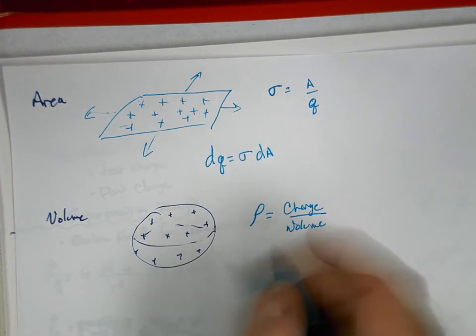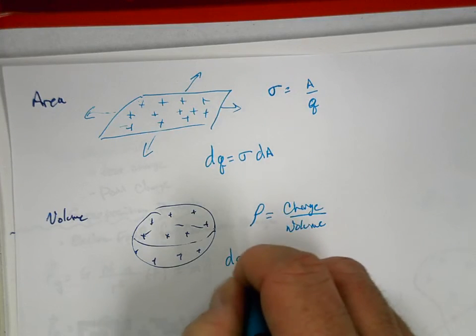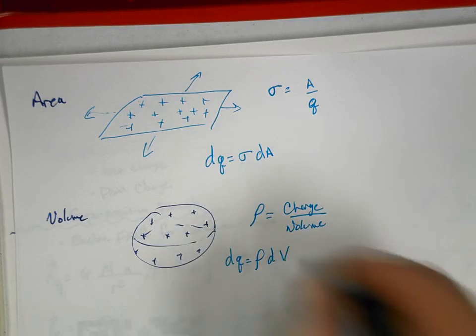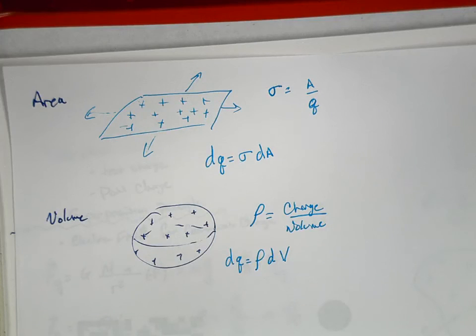And so our dq then equals rho dV for our volume. And that is that. So that's our continuous charge, its effective electric field, and how to calculate electric field based on our continuous charge.